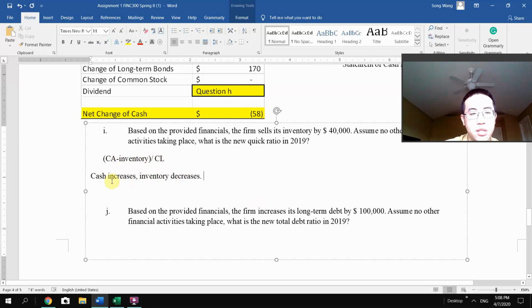The cash increased by 40,000, inventory decreased by 40,000. Then basically the changes would cancel each other within the domain of the current assets. So when you add the increase of cash and subtract the decrease of inventory, your current assets basically stay the same. So the only thing that would make a change here is the inventory. Your current assets and also current liabilities stay the same. So that's going to make your new quick ratio.